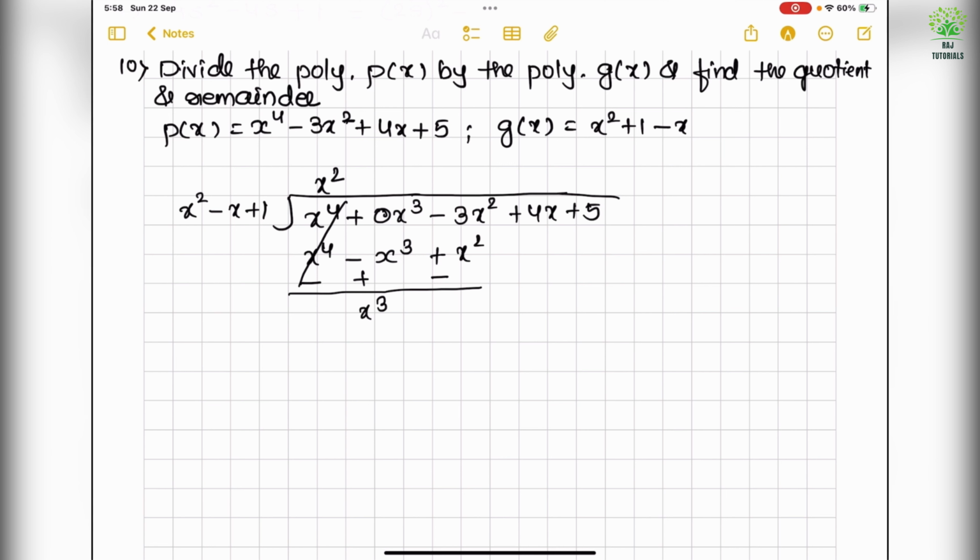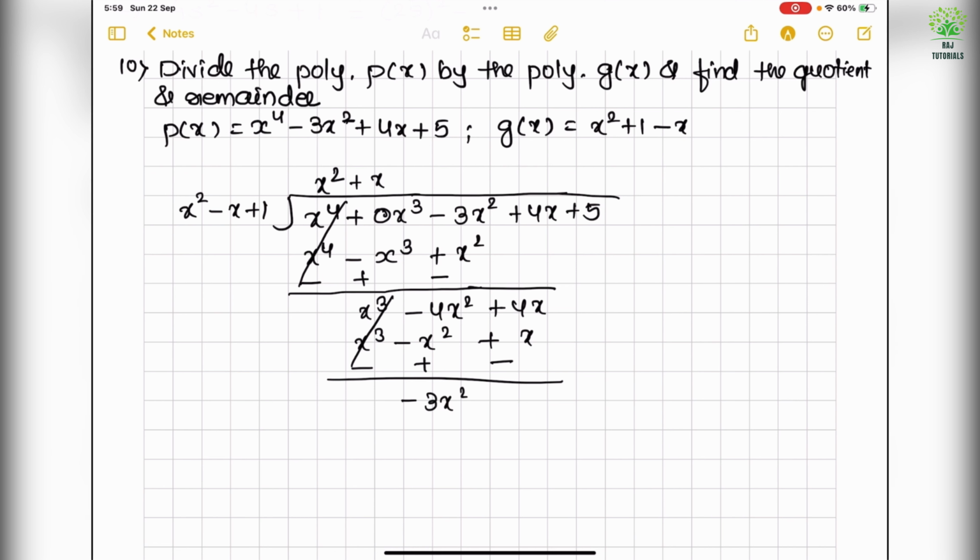So changing the signs, now x power 4 term is gone, so x cube minus 4x square plus 4x. Now with x I have to multiply, so x cube minus x square plus x, again changing the signs, x cube term gone, so minus 3x square plus 3x plus 5.